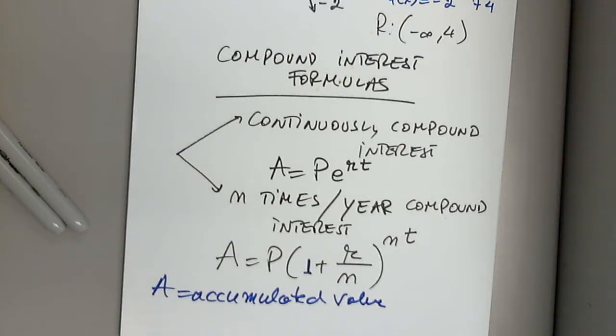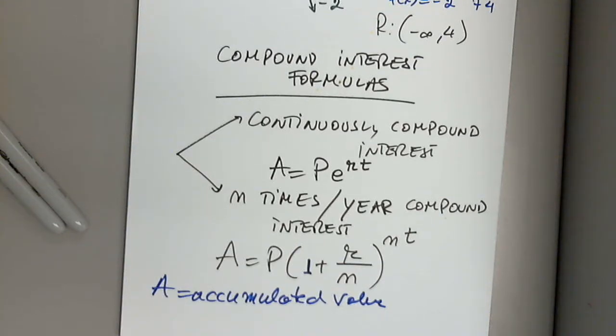This is lowercase r. This is t, and this is t. P, P, A, A. 1 plus r over n. I don't know what I'm doing today.